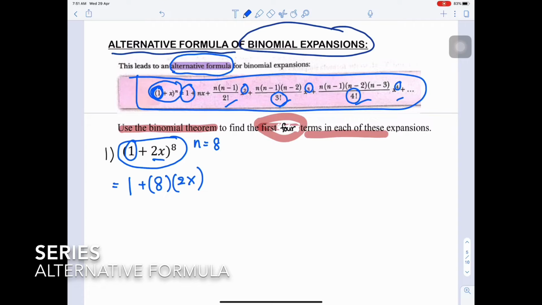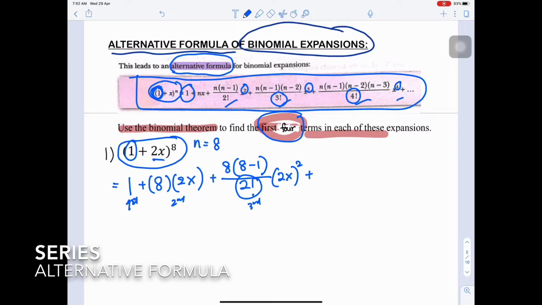Then plus, n equals 8, so 8 minus 1 over 2 factorial times the second variable 2x to the power of 2, because of 2 factorial. This is the first term, second term, third term. We want the first 4 terms.